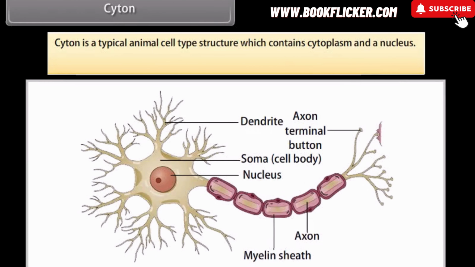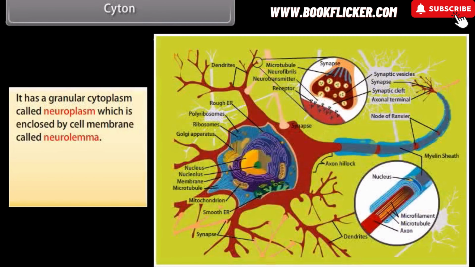Cyton. Cyton is a typical animal cell type structure which contains cytoplasm and a nucleus. It is spherical in shape and about 4 to 135 μm. It has a granular cytoplasm called neuroplasm which is enclosed by cell membrane called neurolemma.